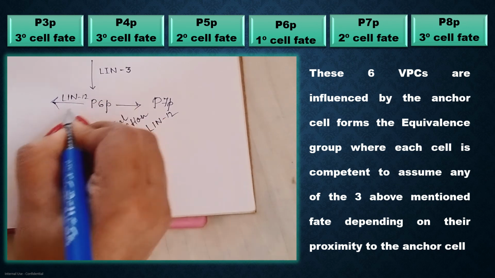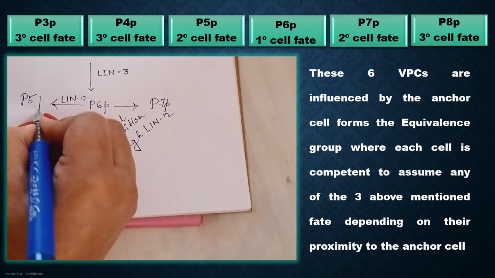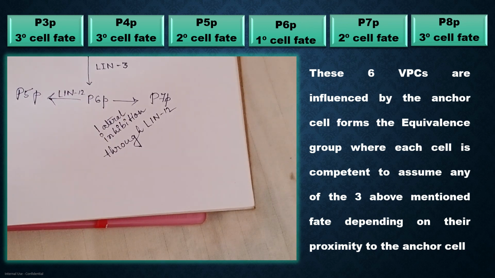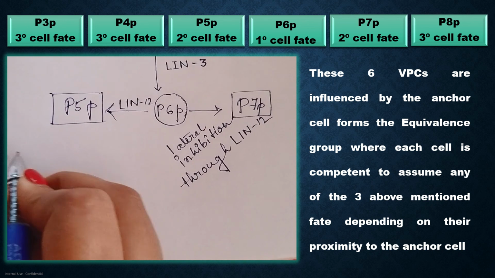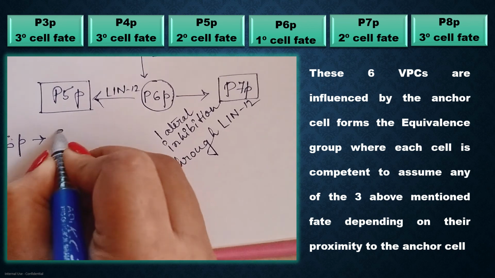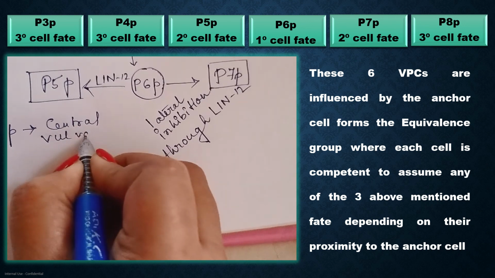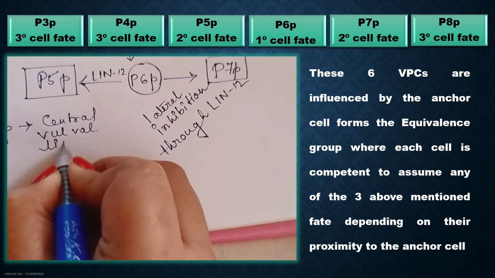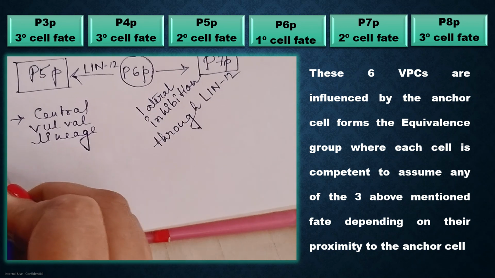In case Lin3 secretion is not there, what can happen? There will be no signaling cascade, right? All the VPCs, or vulval precursor cells, will adopt non-vulval fate, and they will form hypodermis. So you can understand how important Lin3 is.